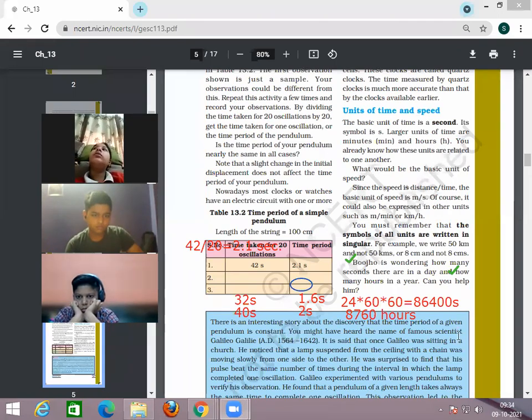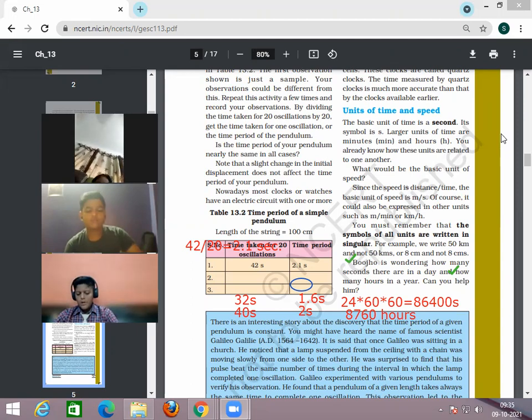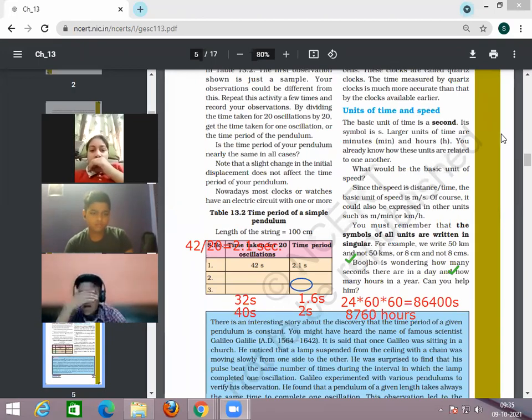Okay, Tanvi, let's read the next paragraph. This blue box has an interesting story. Let's read this story. Okay, ma'am. There is an interesting story about the discovery that the time period of a given pendulum is constant. You might have heard the name of the famous scientist Galileo Galilei. It is said that once Galileo was sitting in a church, he noticed that a lamp suspended from the ceiling with a chain was moving slowly from one side to the other.